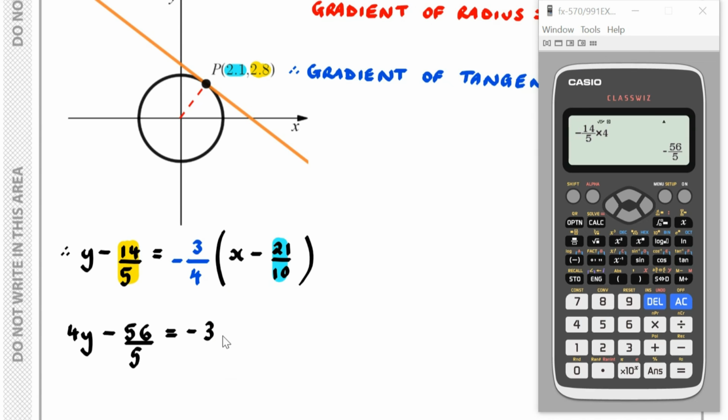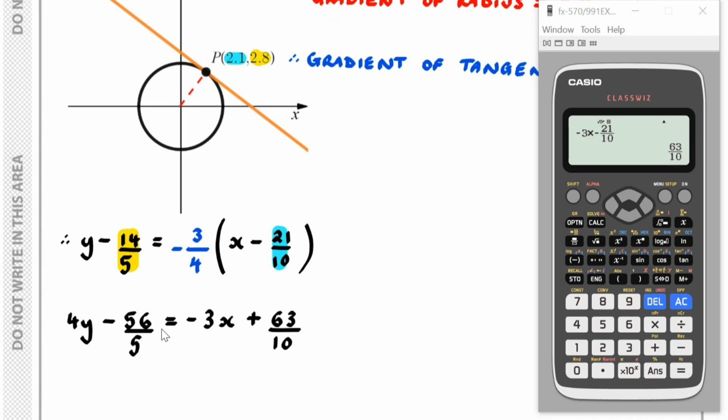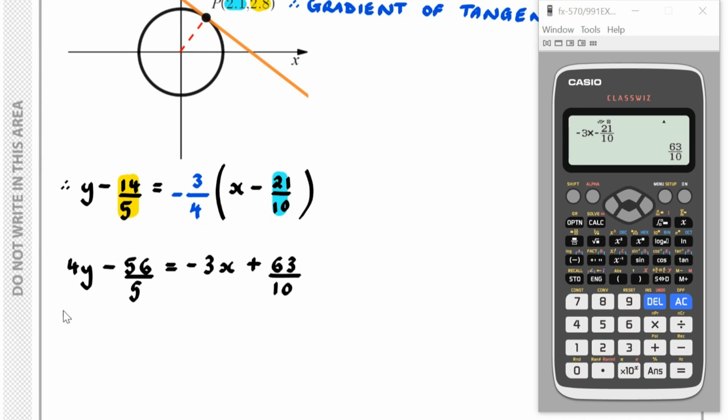So I've got 3 times by x, which is 3x. Then I've got -3 times by -21/10. So I get positive 63/10. And now I'm going to multiply through by 10. So if I multiply through by 10, I have 40y subtract.